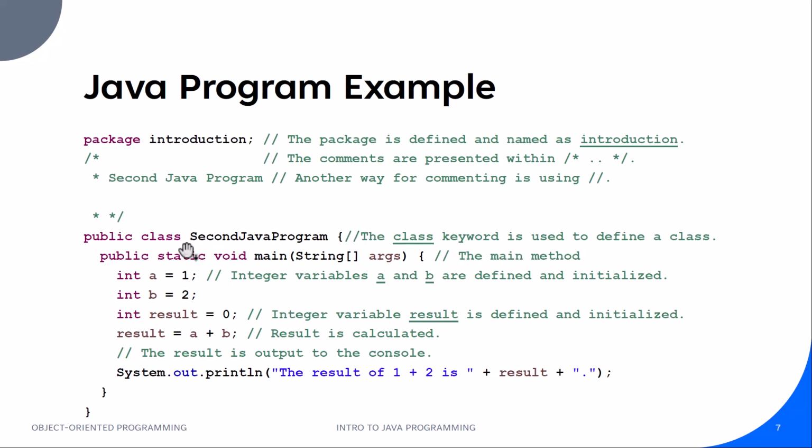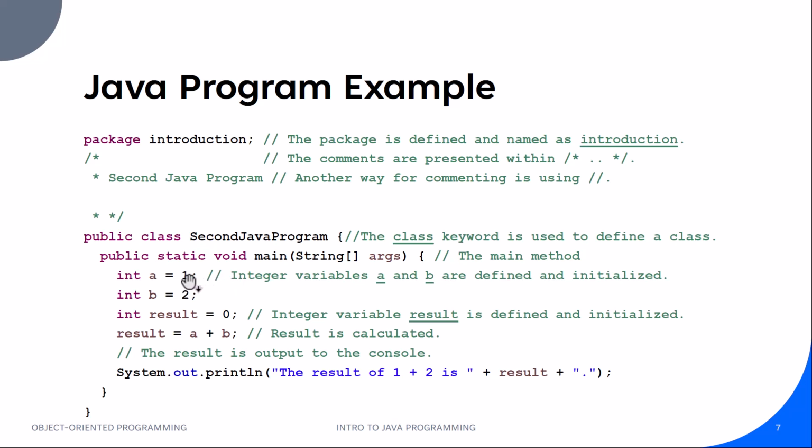Now, this is where I write my class name, public class second Java program. The class keyword is used to define the class, second Java program. And the main method is written in this line. And then I use curly braces to indicate the start and end of the main.